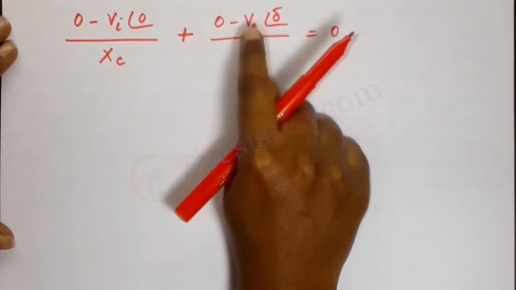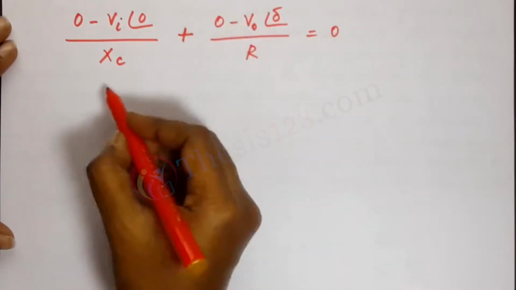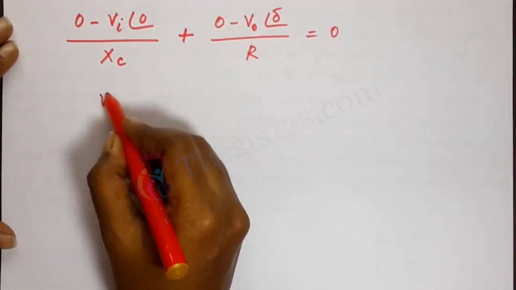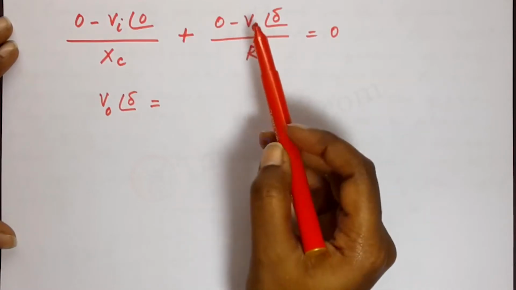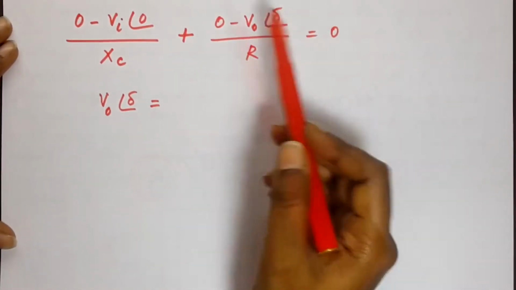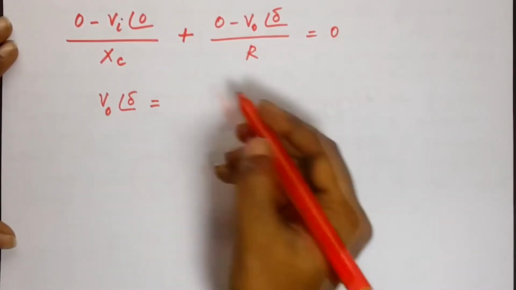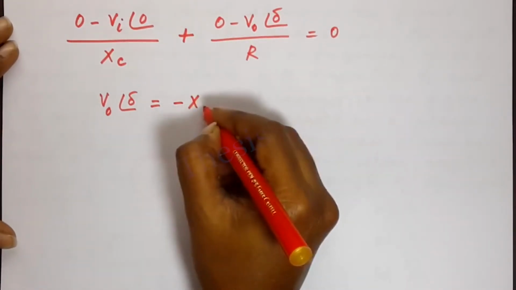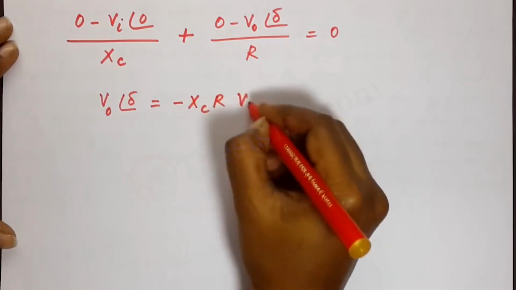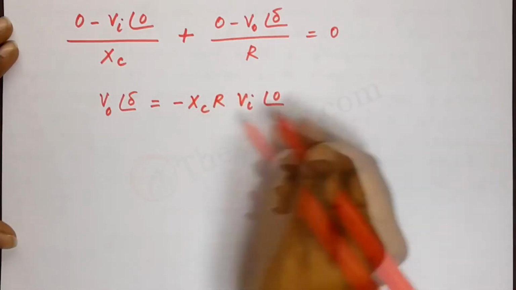So let's take the voltage and equate it. So we have V0 of angle delta is equal to, so we take this term to the other side and resolve the fractions. We get this in terms of minus R over Xc times Vi angle 0.